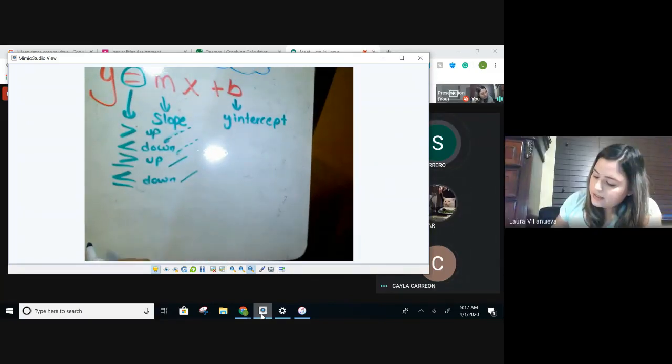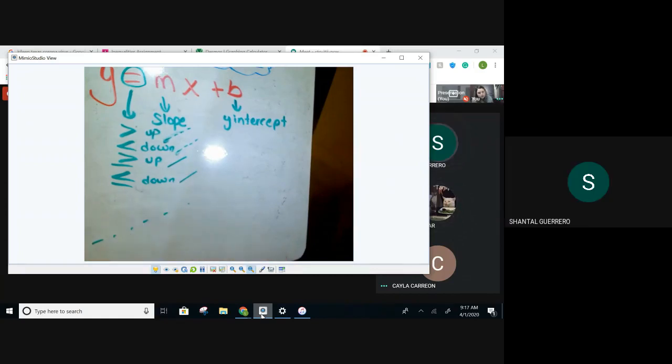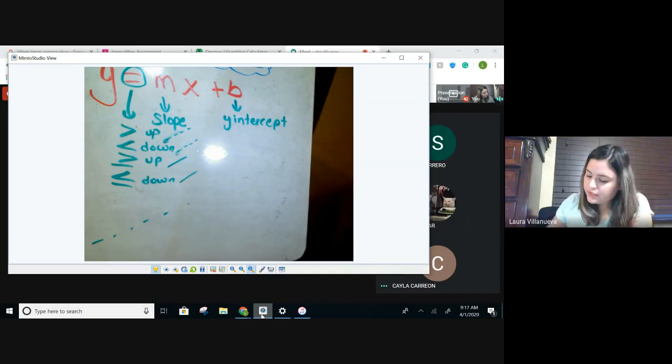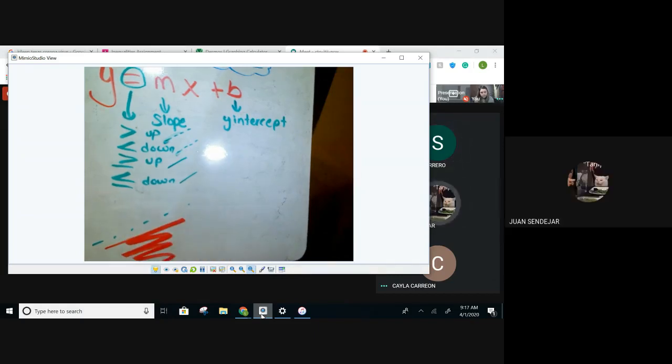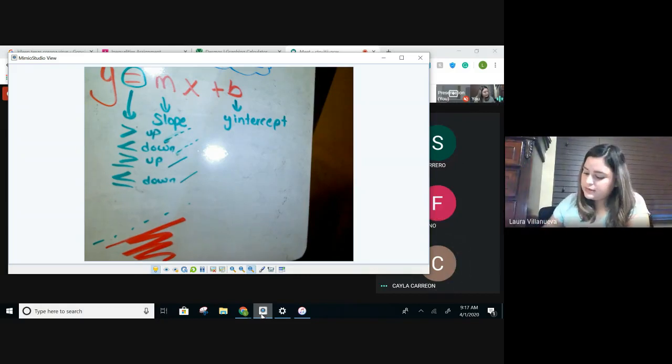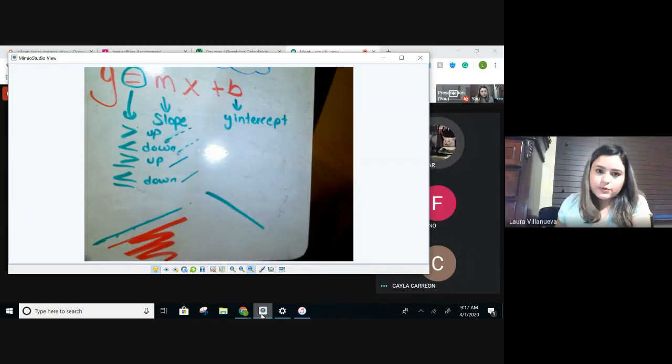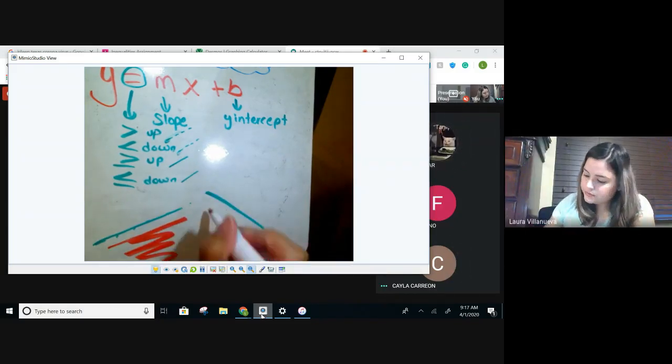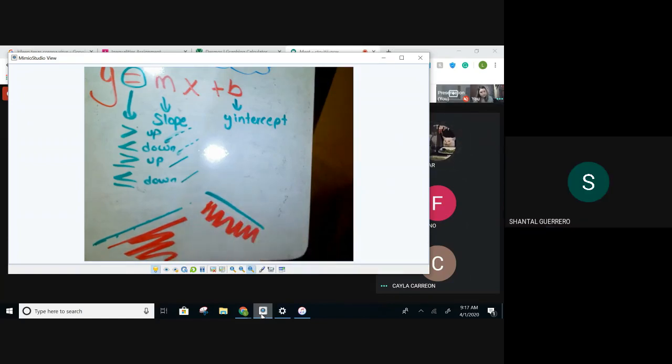If you have a line like this, where would be the bottom? It's right here, right? If you have a line like this, where would be the bottom? It was right here. These are bottoms.